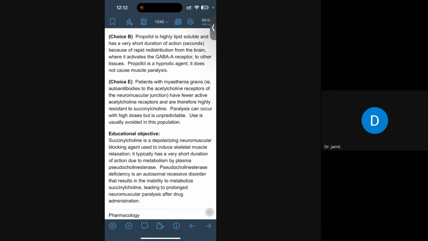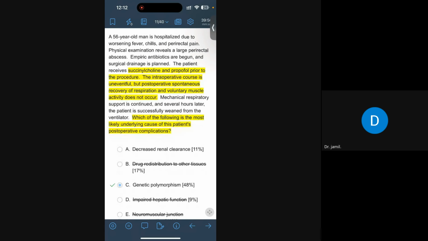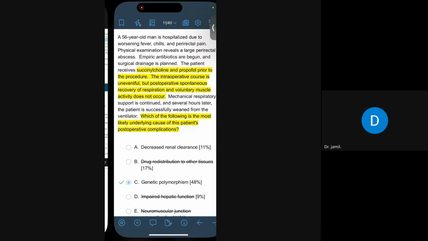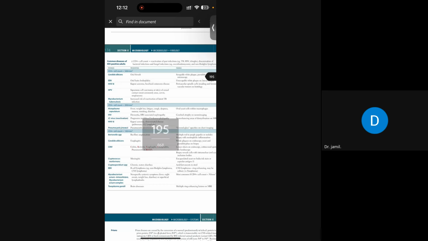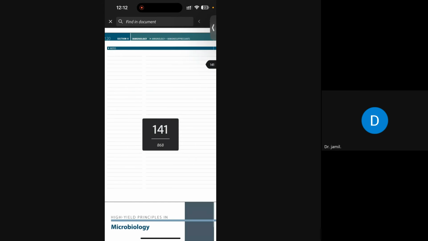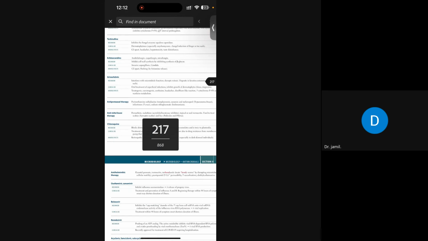In some patients there is a heterozygous abnormality. Its effect is very short-acting, 5 to 10 minutes, but with a heterozygous abnormality it is prolonged to about 30 to 35 minutes. If there is a homozygous genetic defect, it prolongs for 4 to 6 hours.